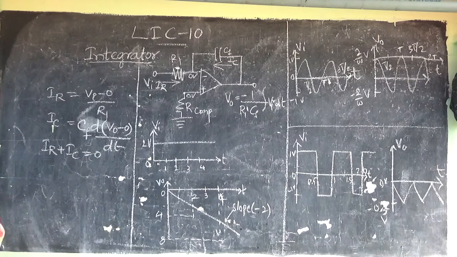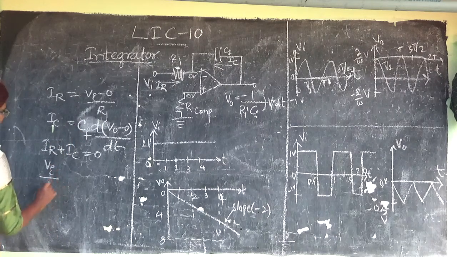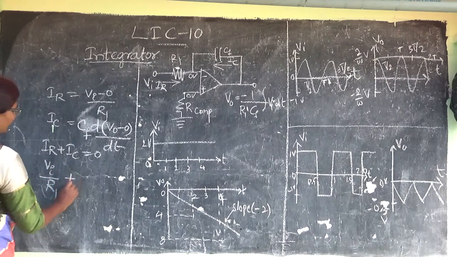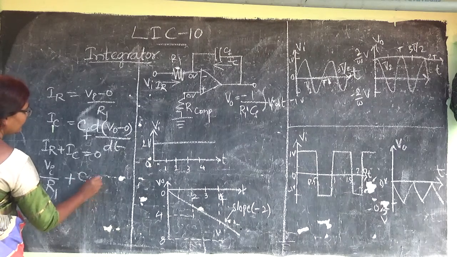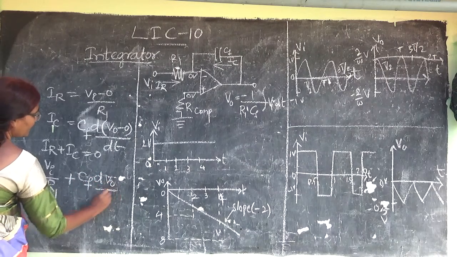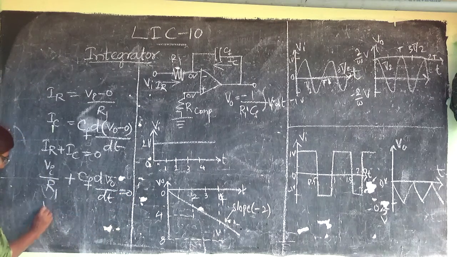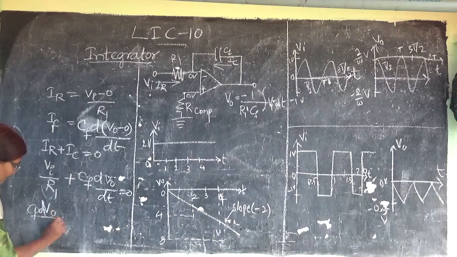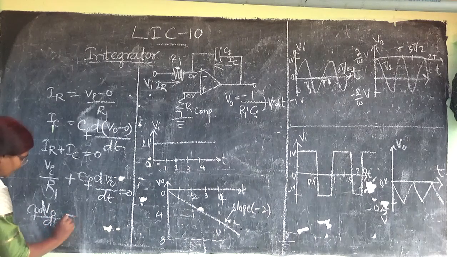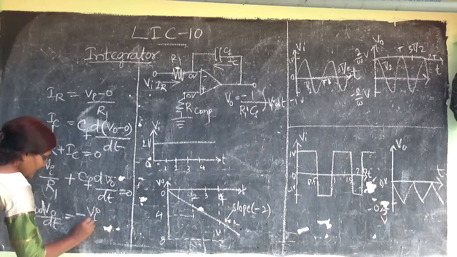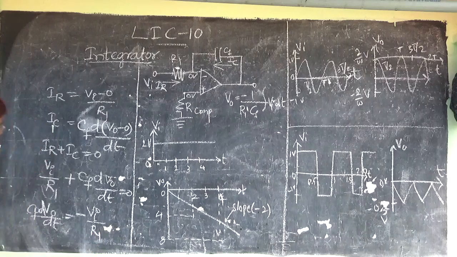There is no leaving current, so we make it 0. So here VI by R1 plus CF into dV naught by dt is equal to 0. Again CF dV naught by dt is equal to minus VI by R1, and CF will go to the denominator.